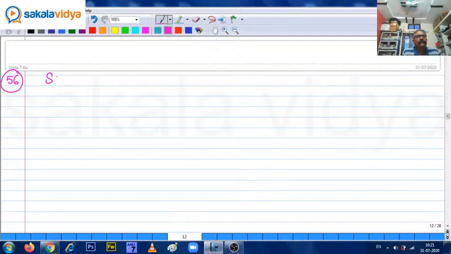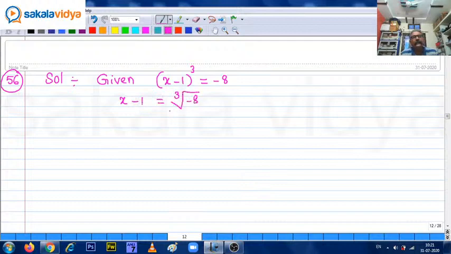Number 56 solution. See, given x minus 1 whole cube equals minus 8. This x minus 1 is equal to the cube root of minus 8. This we can write as the cube root of minus 1 multiplied by 8, which is the cube root of minus 1 into the cube root of 8.